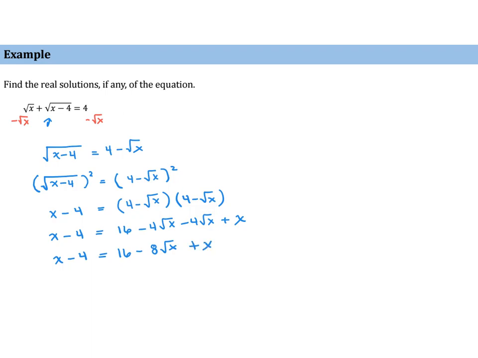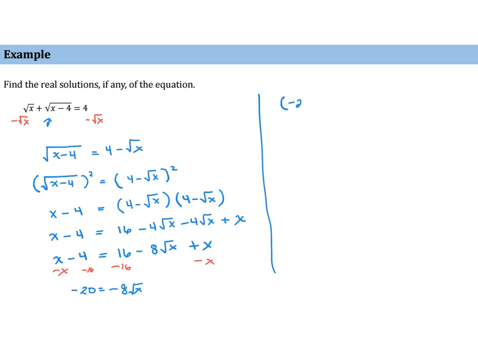This resulting equation still has a radical, so let's again isolate our radical. So we're going to subtract x, we're going to subtract the 16, and this yields for us negative 20 equals negative 8 root x. Let's square both sides.